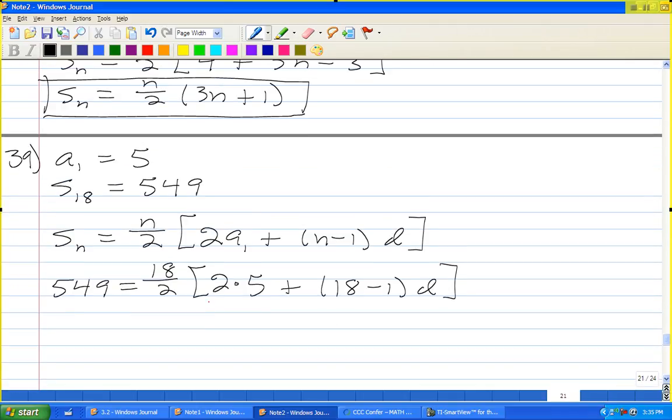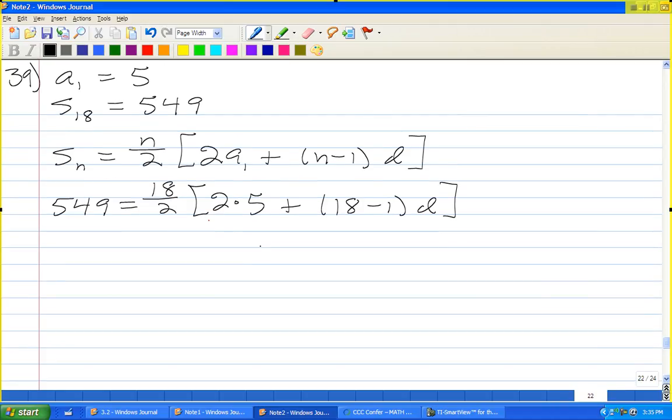Okay, so do problem 39. The first term is 5, so a sub 1 is 5. The sum of the first 18 terms is 549. So let's plug in 18 to the formula. And so I have 549 is equal to 9 times 10 plus 17d.